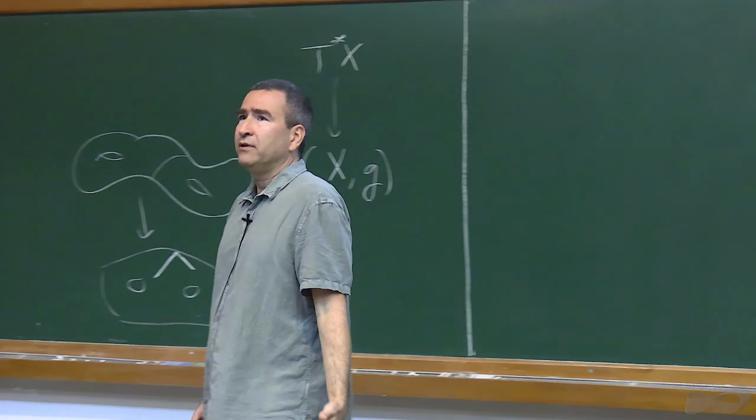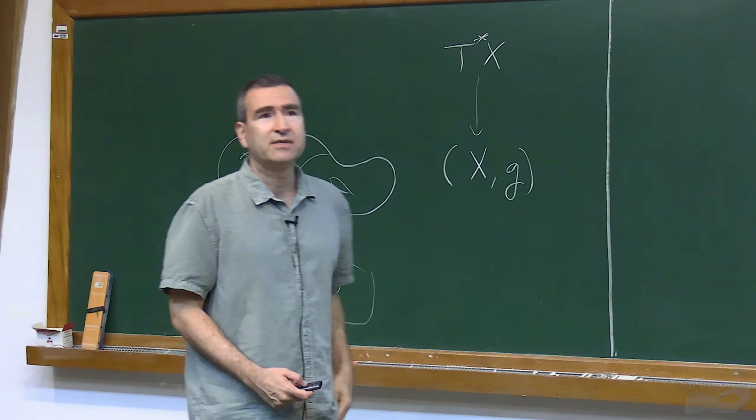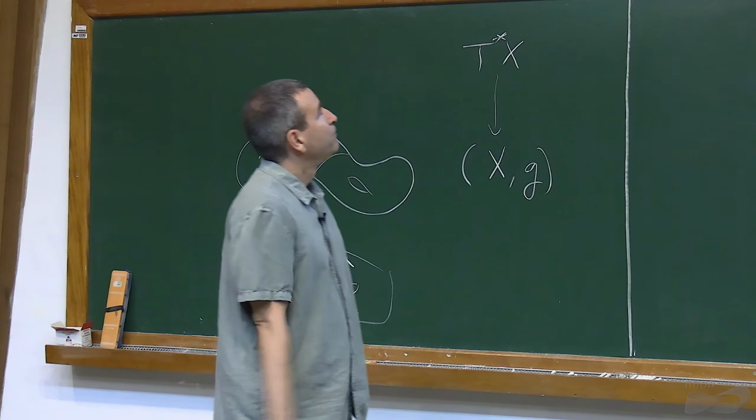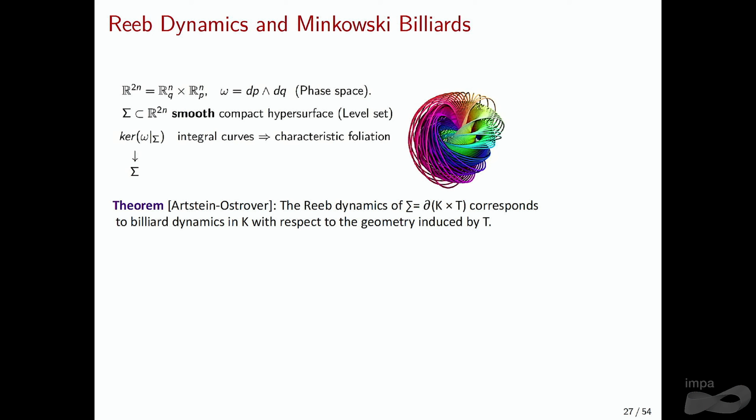I'm sure this was known to experts in the field, but together with Chiriart and Avidan, we wrote down the details. So what is the statement? Consider the characteristic foliation, the Reeb dynamics, on the boundary of such a Lagrangian product. Now, two important remarks.